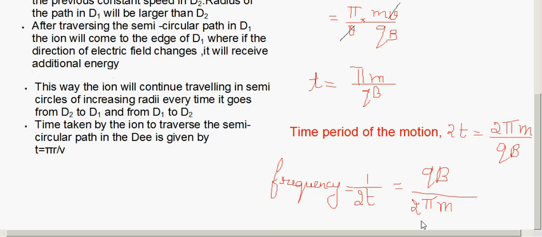The frequency of its motion is given by qB divided by 2 pi m.